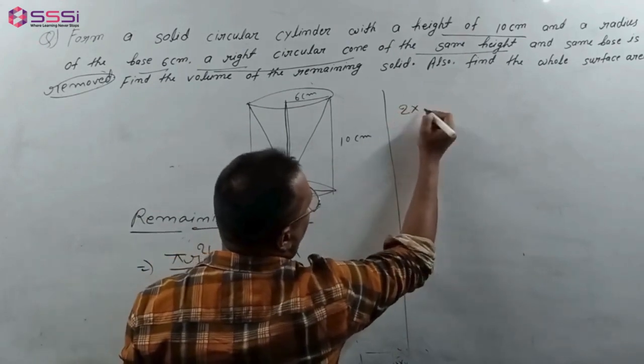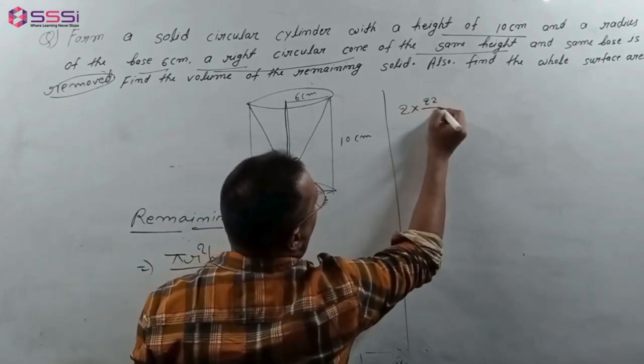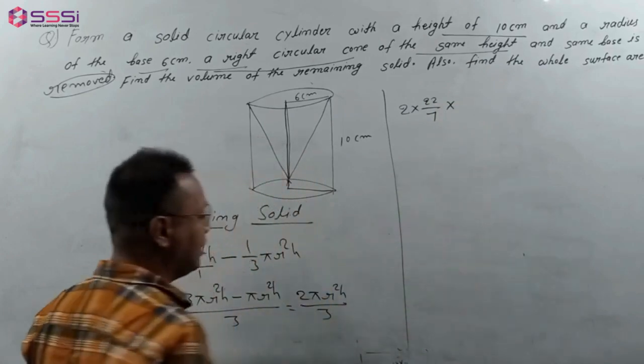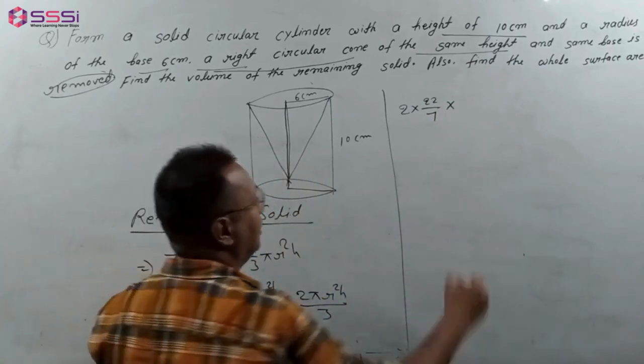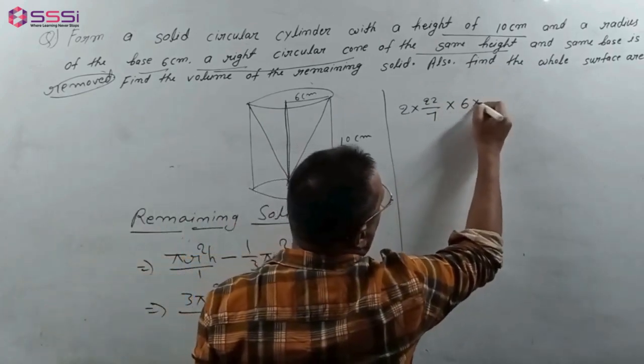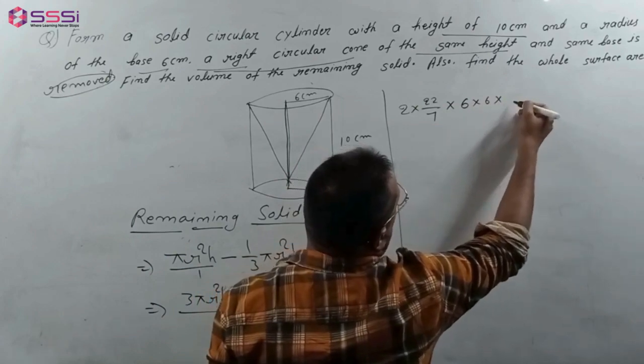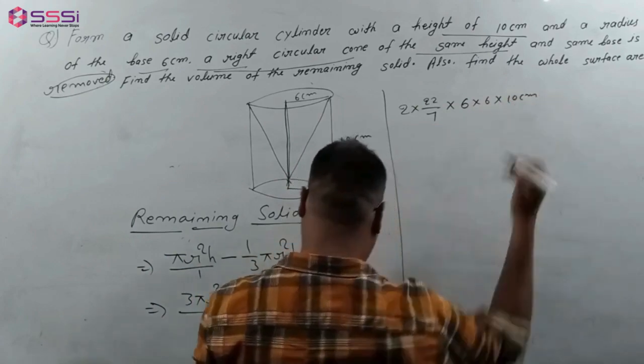Put the value pi equal to 22 by 7 and r square into 6 into 6 and h is 10 centimeter.